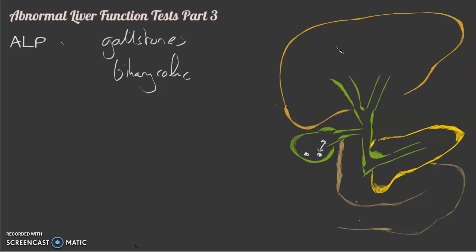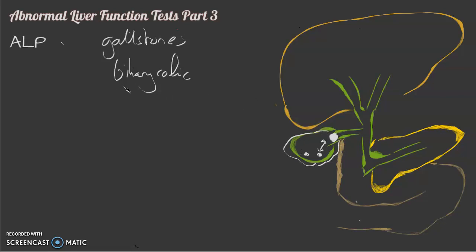Usually in these cases, the ALP is normal because the gallbladder is not inflamed enough or causing enough issues. If the gallstone gets stuck, for example, at the neck of the gallbladder, it can start to add pressure to the gallbladder, and it can expand and cause inflammation.